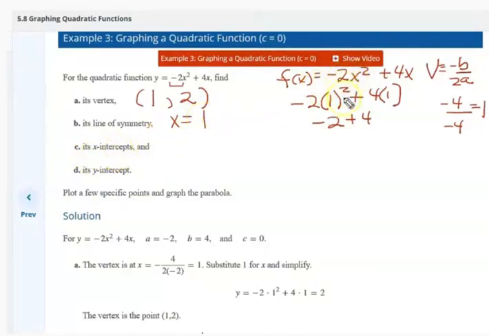Now, what are our x-intercepts? Well, we're going to take this equation, negative 2x squared plus 4x, and set it equal to 0, because we're looking for the zeros here.